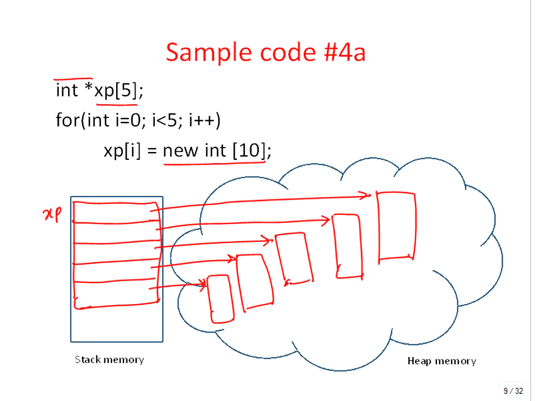So how do we access it? When we write XP of 2, what does that mean? Well, XP of 2 means this pointer. So what does it mean to say XP of 2 of 5? XP of 2 is XP of 0, XP of 1, XP of 2.